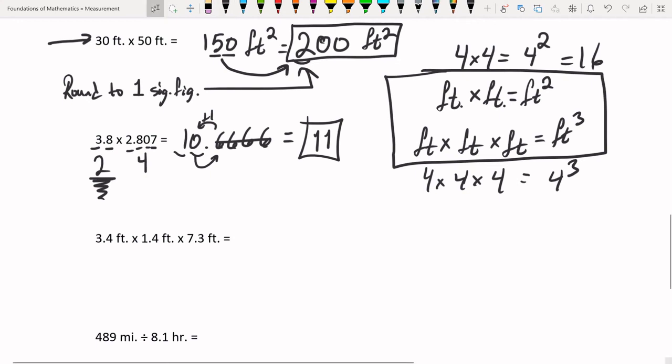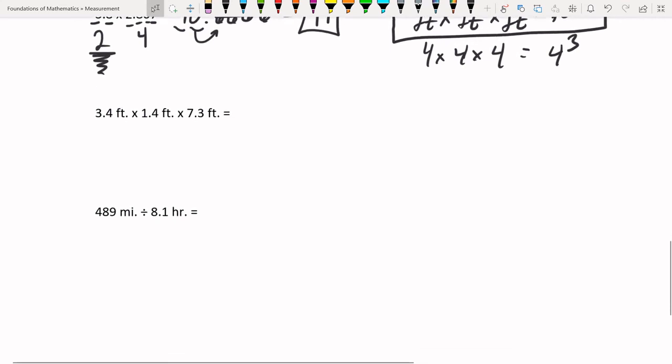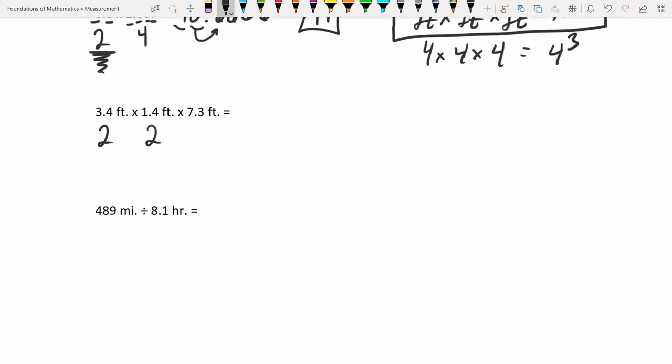Okay, next one. How many significant digits do we have? Well, we have 2, 2, and 2. So we're going to round to 2 significant digits in our answer. 3.4 times 1.4 times 7.3. If you do that, you get 34.748.